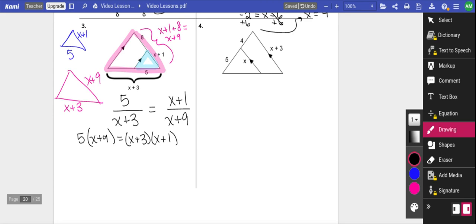On the left-hand side, I need to distribute, so I'm going to get 5x plus 45. On the right-hand side, I need to double distribute or use the box method. But either way, I get x squared plus 3x plus 1x plus 3. And I can combine like terms on the right-hand side to get x squared plus 4x plus 3.